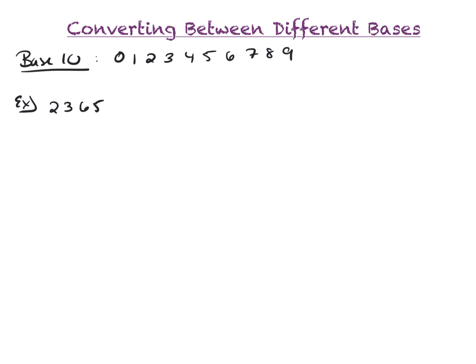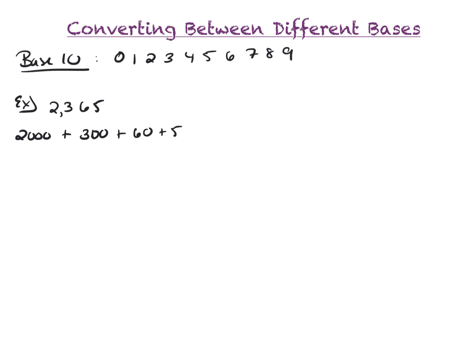Let's take a look at the number 2,365. To write it and have it written in base 10 means that we can break it apart as 2,000, so 2 in the 1,000s place, 3 in the 100s place, so 300, 6 in the 10s place, so 60, plus 5.